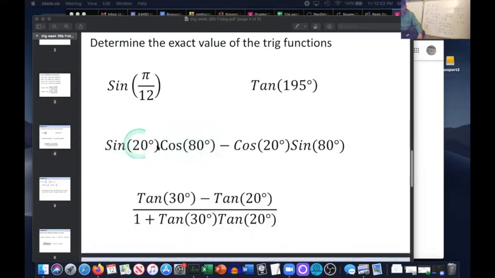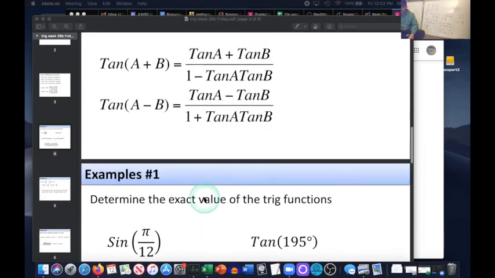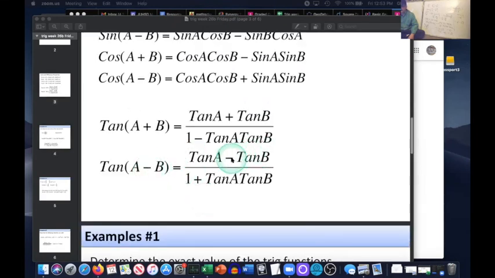And pick the first pair to decide what A or B is. So A, B, right? So, okay, then here on the bottom, same kind of thing. This came from the tangent sum and difference formula, okay? So it's minus on top, so that means it's going to have to be this one.